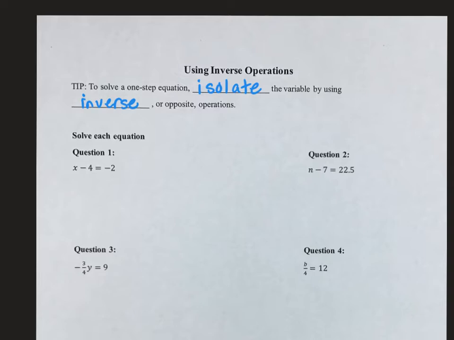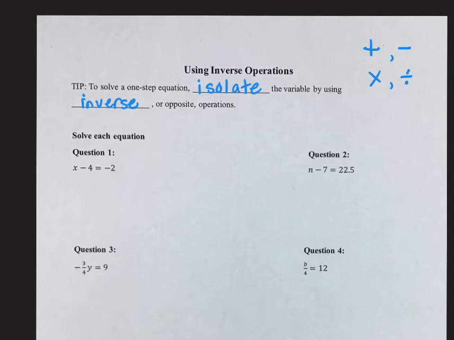So if I told you we had addition, then the inverse of addition would be subtraction, and vice versa. If I had multiplication, then the inverse of multiplication would be division.